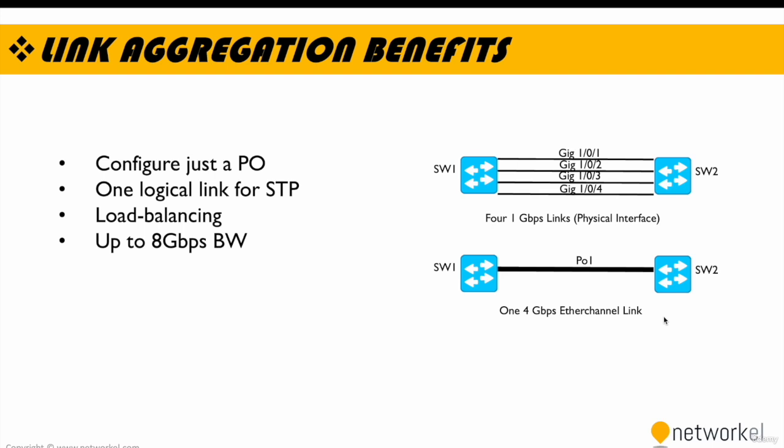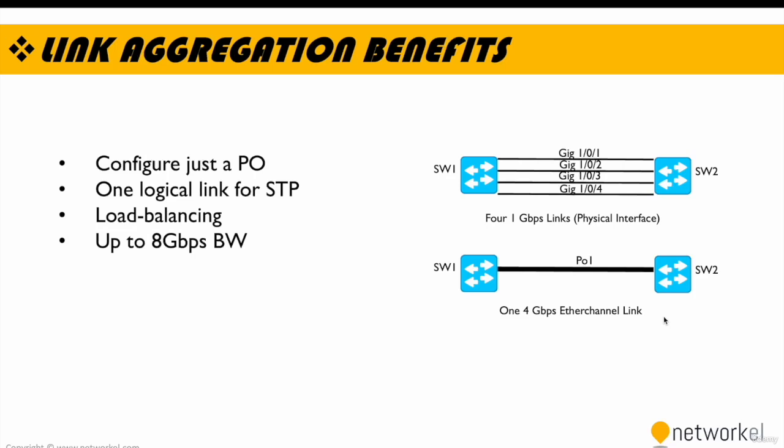So we have some significant benefits of using link aggregation. First of all, you just configure one port channel interface instead of configuring 4 separate links. As you can see on the screen, there are 4 different physical interfaces on both switch 1 and switch 2.